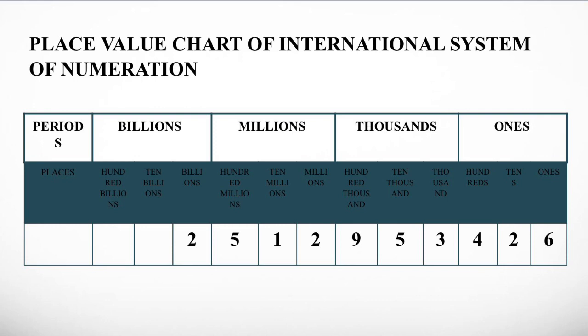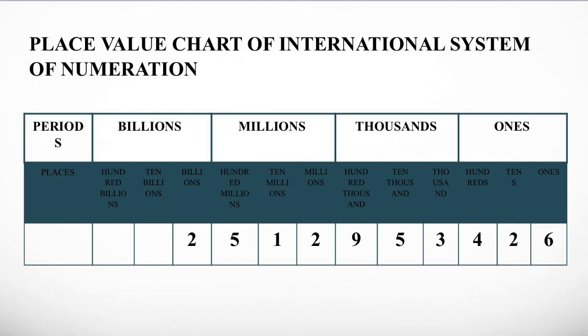Thus, to read 25129534426, we first write it as you can see in the place value chart. 2 is placed in the billions, 5 is placed in 100 millions, 1 is placed in 10 millions, 2 is placed in millions, 9 is placed in 100,000s, 5 is placed in 10,000s, 3 is placed in thousands, 4 is placed in hundreds, 2 is placed in tens, and 6 is placed in units.